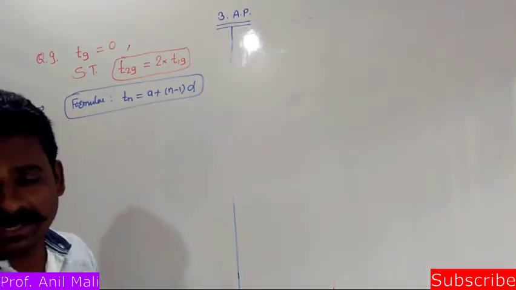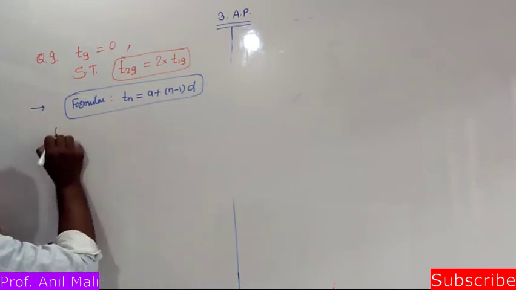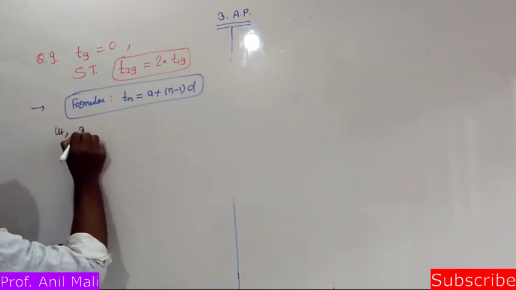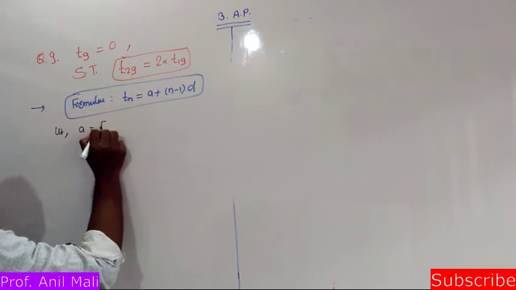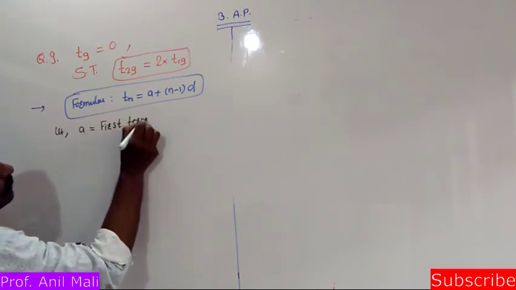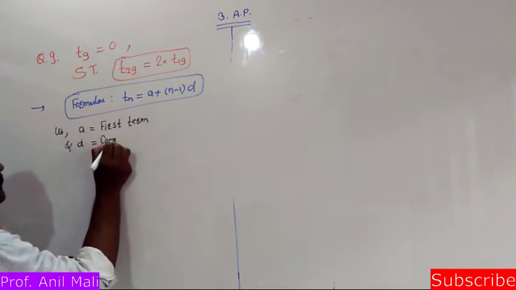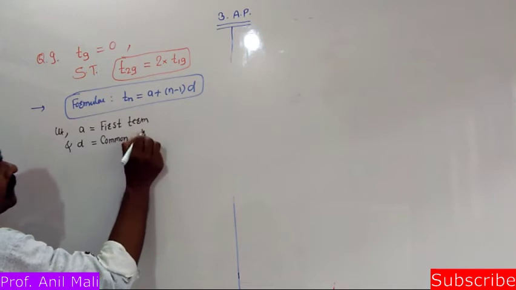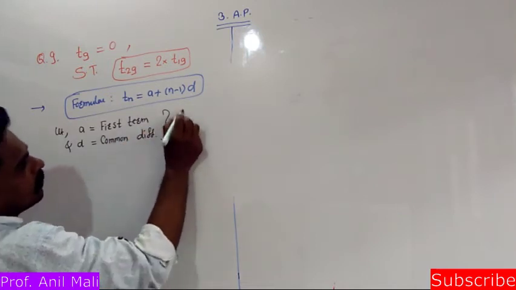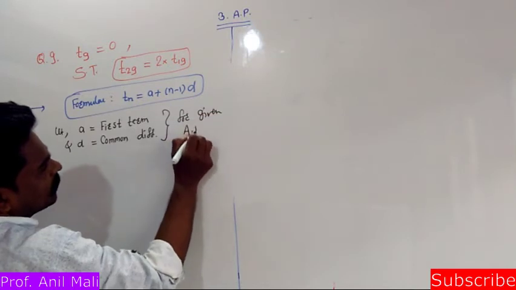Let A and D be the first term and common difference in the given arithmetic progression.